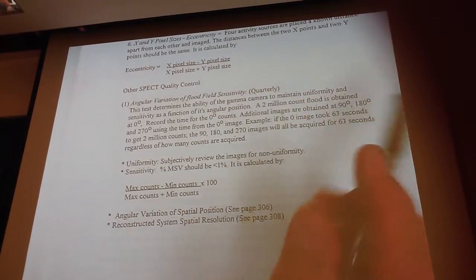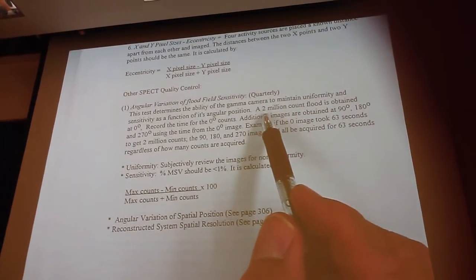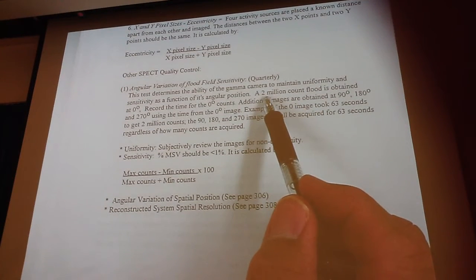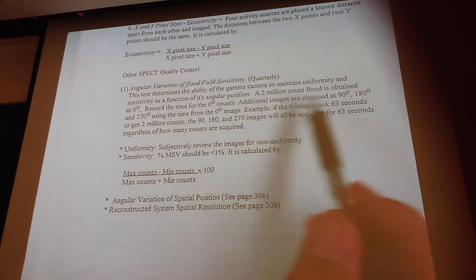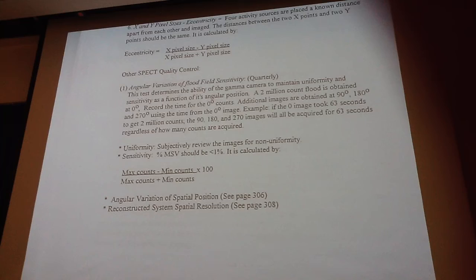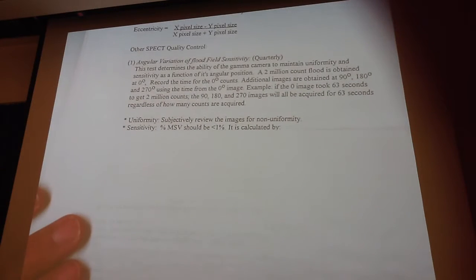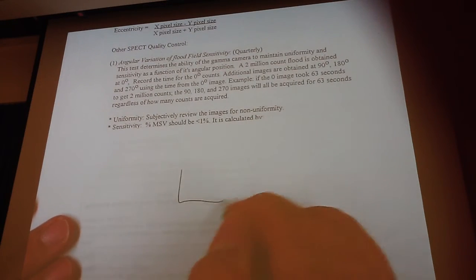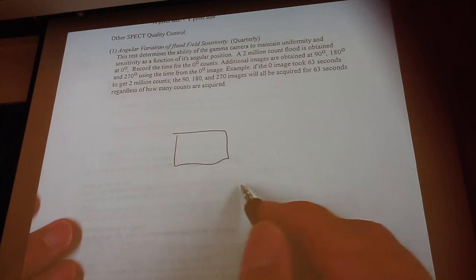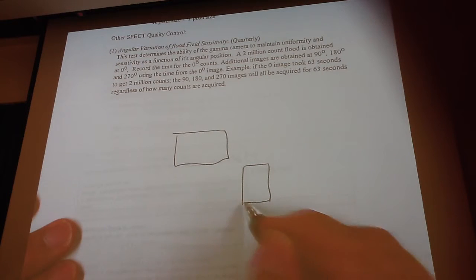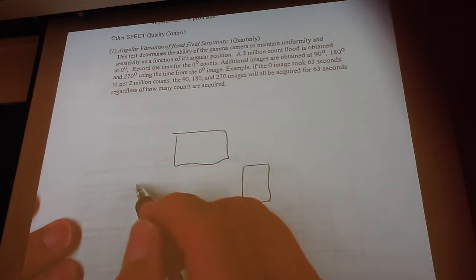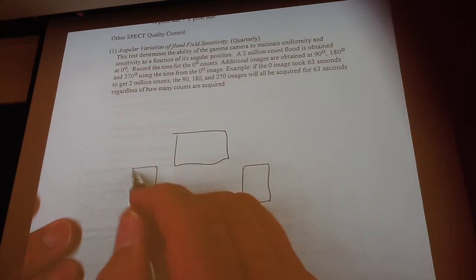Nuclear medicine all the time. And one of the things that he mentioned was really, I thought, good, was this. You basically take a 2 million count flood, with the detector in different positions, basically 90 degrees from each other. So this angular thing: you take a picture with it over the source, and then 90 degrees to the source, 180 degrees to the source, and 270 degrees.